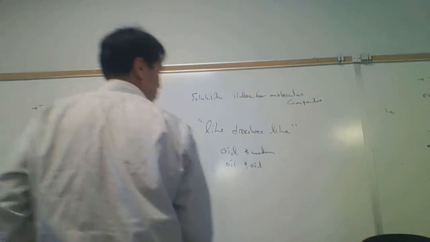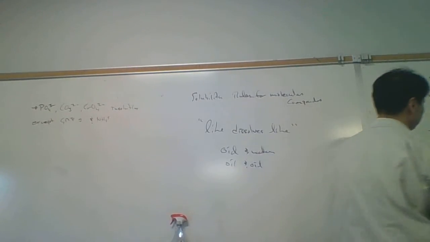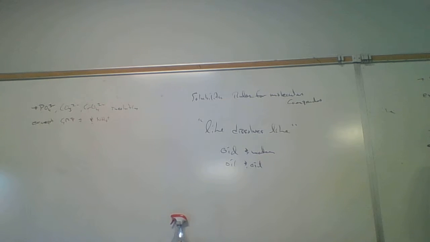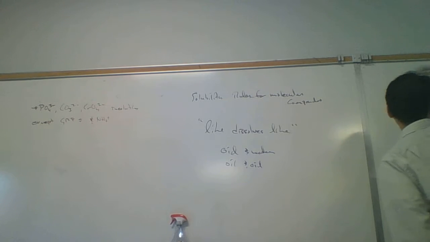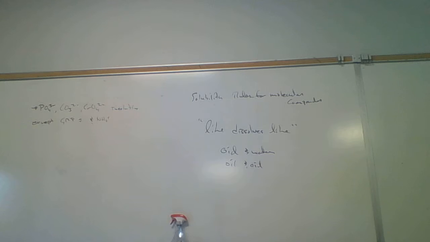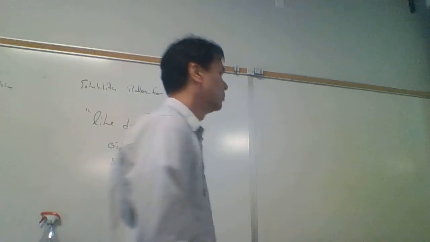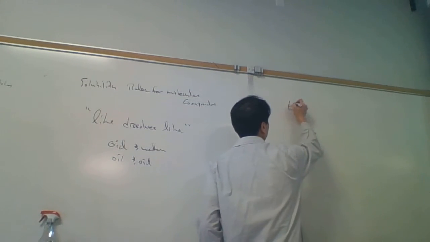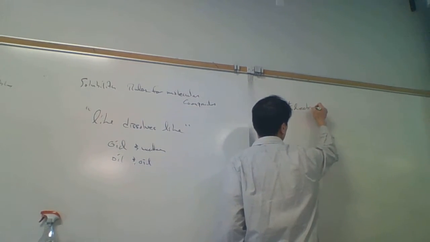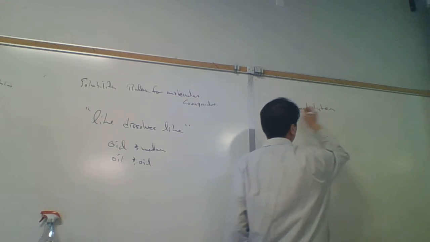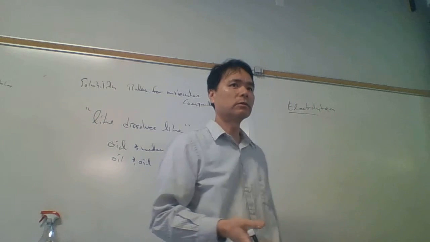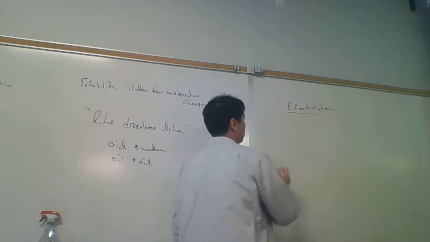Well, let me give you some rules for electrolytes. Again, these are rules. It's not always perfect, but if we want to know exactly, we would look it up in more detail. How we know if it breaks apart or not is this.